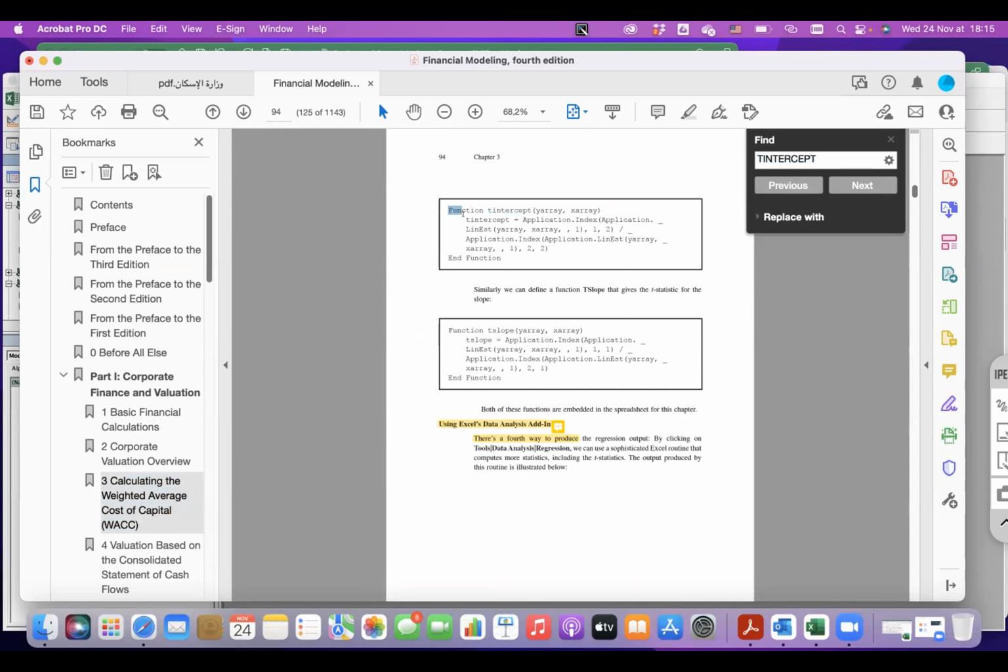Please select the first function in the first box, page 94. Select the function, then copy it. Everything is okay?